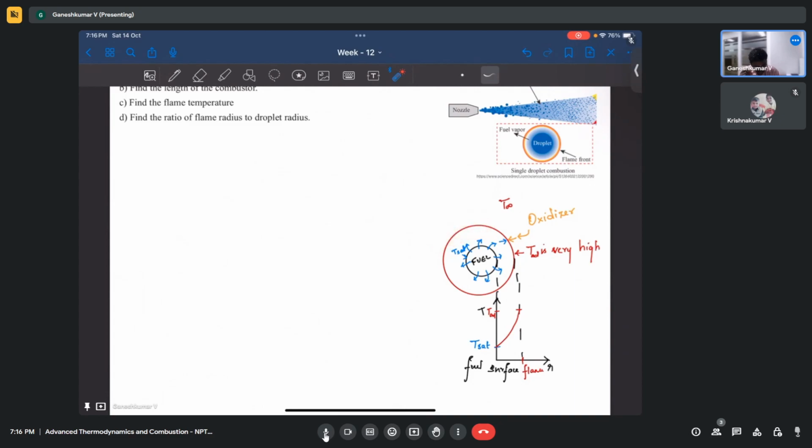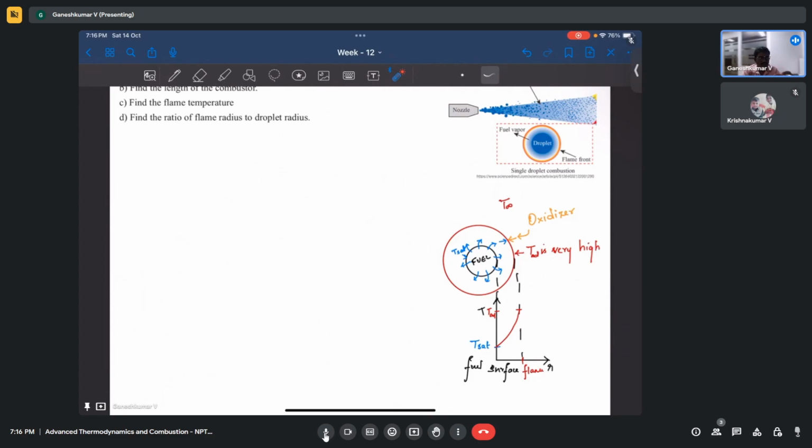And we are also going to see how distant this flame is from the surface. Sometimes the flame would be very far away from the surface. Sometimes it might be very close to the surface. All those things can happen. So let's say if it is very far, what happens?